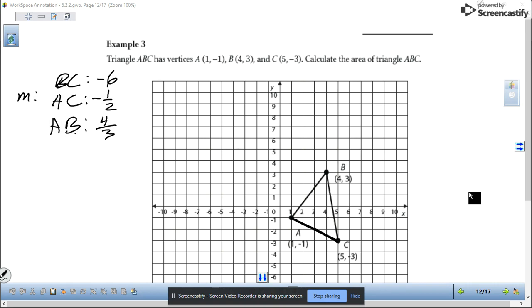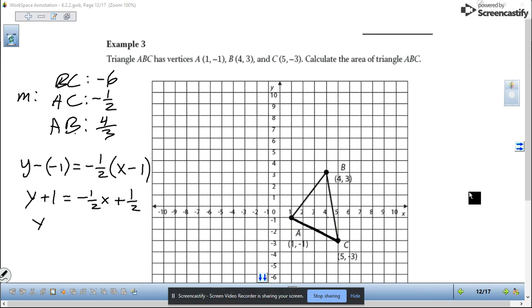So it is y minus y1, which is negative 1, equals slope, which is negative 1/2, times x minus 1, because it's positive 1. All right, so we get y plus 1 equals negative 1/2 x plus 1/2. And then if we subtract 1 from that, we end up with y equals negative 1/2 x minus 1/2.